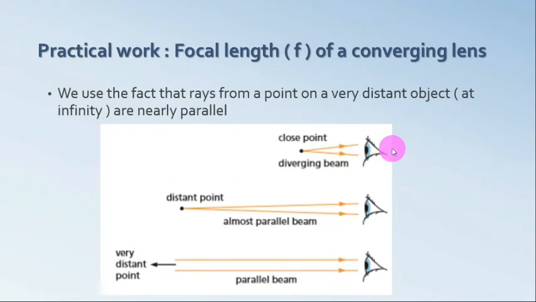The first thing we want to do here, the practical work in this lesson, is to find the focal length of a converging lens. We have an experiment. We do it to find the focal length of a converging or convex lens. We use the fact that rays from a point on a very distant object at infinity are nearly parallel.